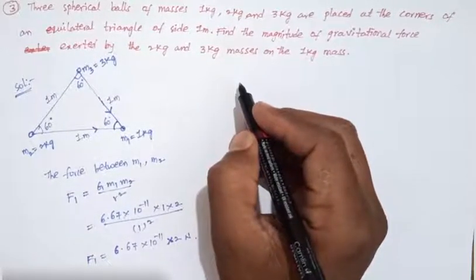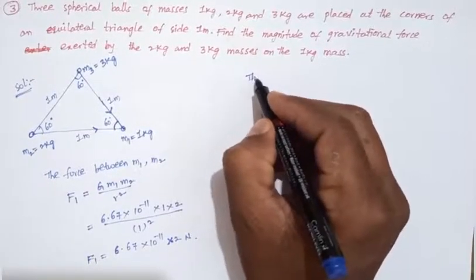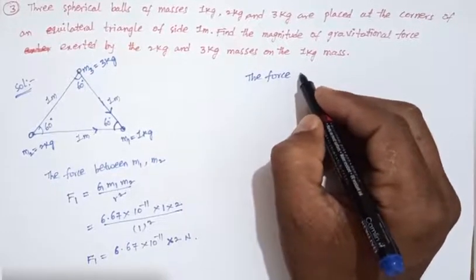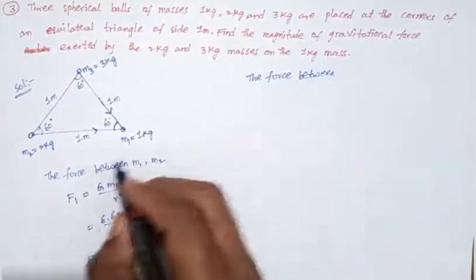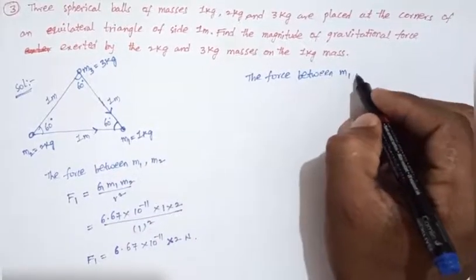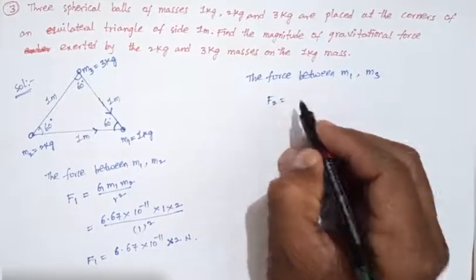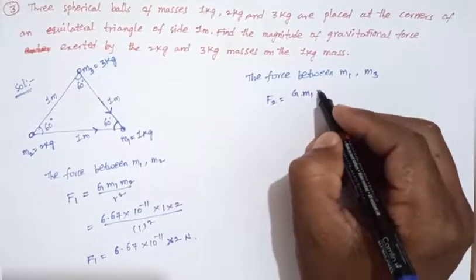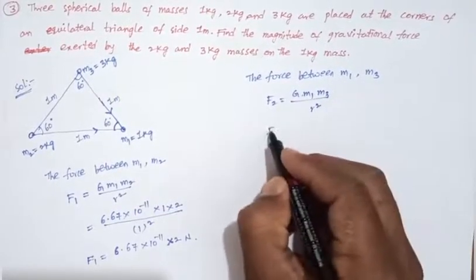Next, second one, the force between m1, m3. So F2 equals G m1 m3 by r square.